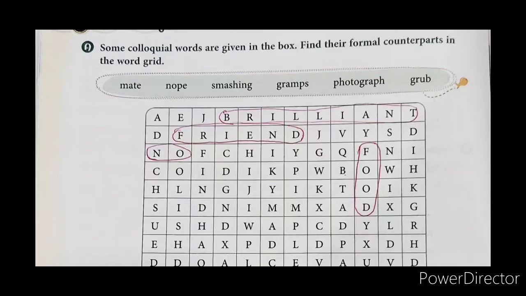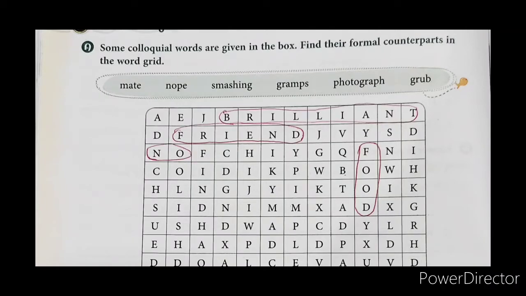Then look at the third word, smashing. Smashing is colloquial language. Smashing means brilliant. Where is brilliant, children? Yes, in the first line we have the word brilliant, B-R-I-L-L-I-A-N-T.